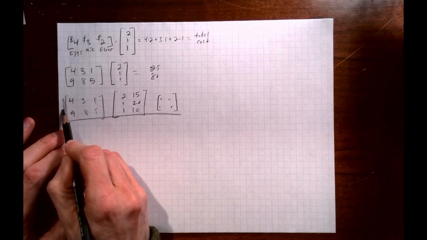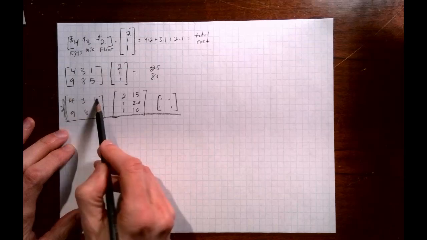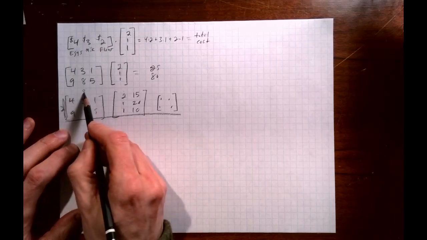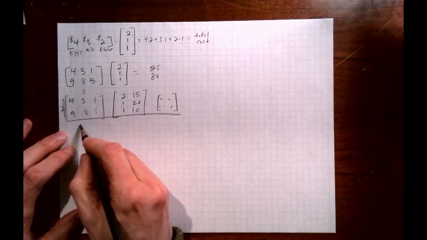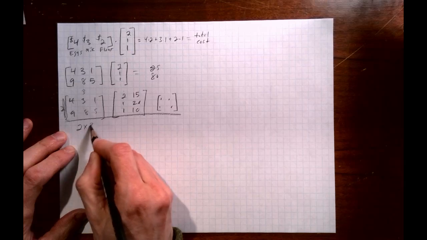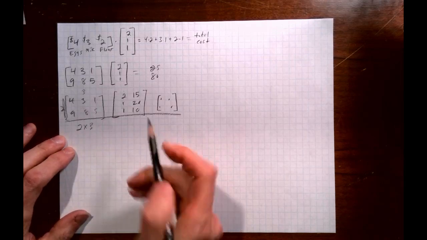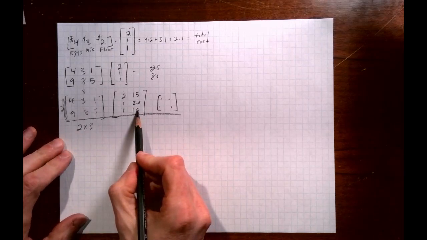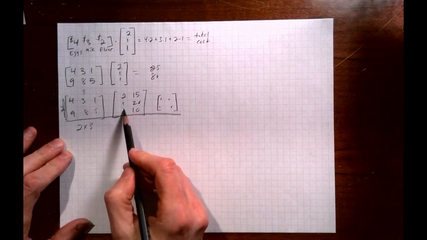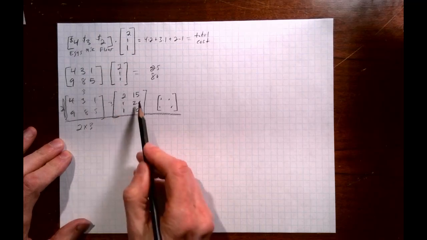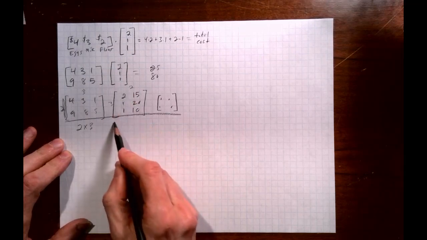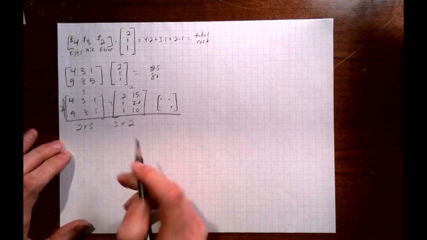So I see 2 numbers there. And then you look across the top, I see 3 numbers. So this matrix here would be a 2 by 3 matrix. And then look at this one. What size is this? 1, 2, 3, 1, 2. So this one is a 3 by 2 matrix.